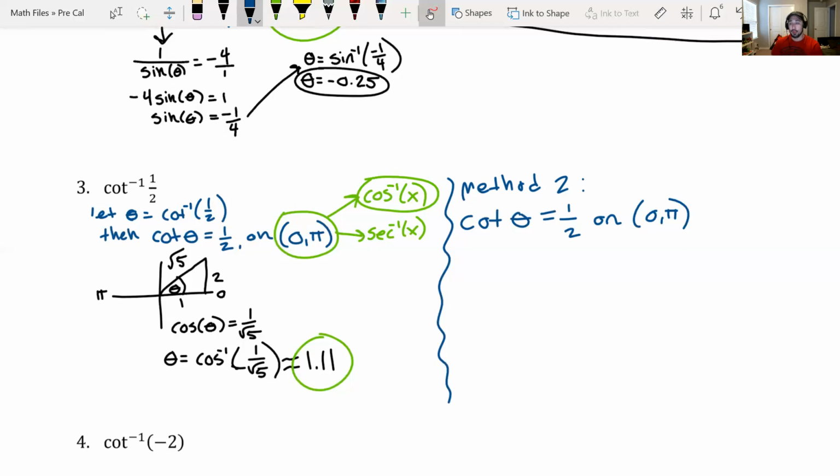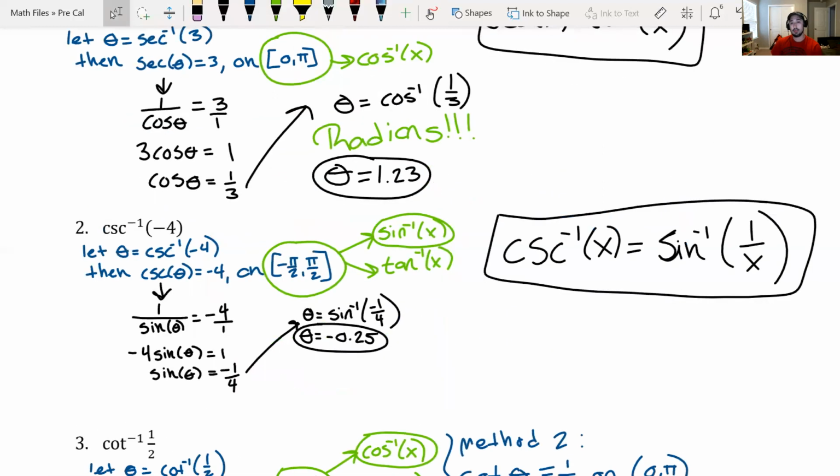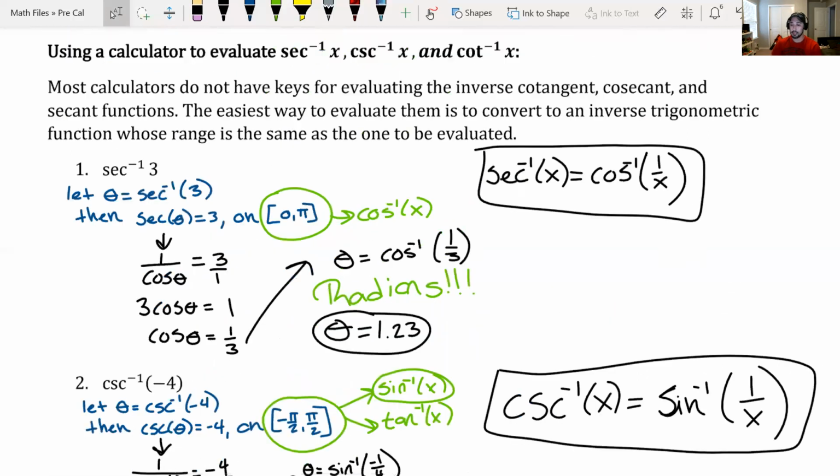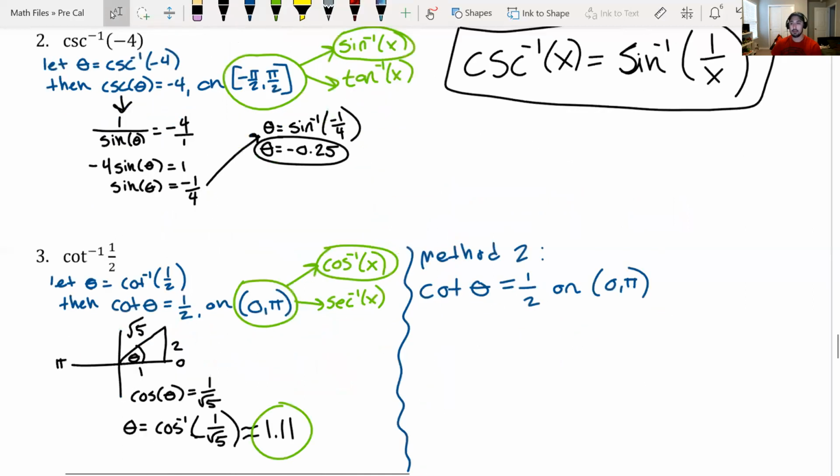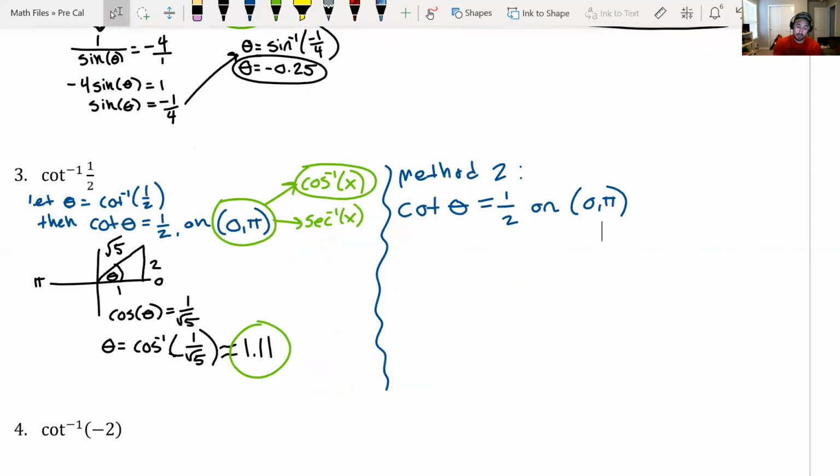Okay, well, why not follow everything we've done above? Cosecant, sine, secant, cosine. This means that we should have a cotangent and tangent. Why not? They both work. So we want to try and force these restrictions on the inverse tangent function, right?